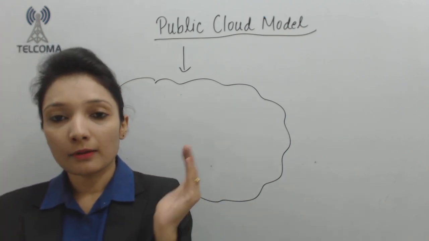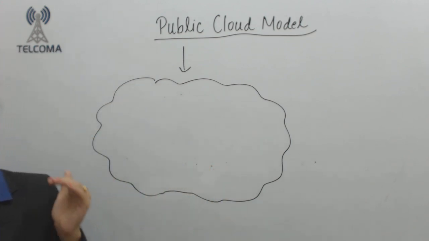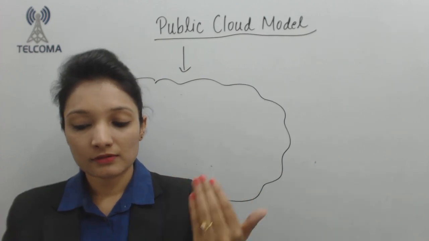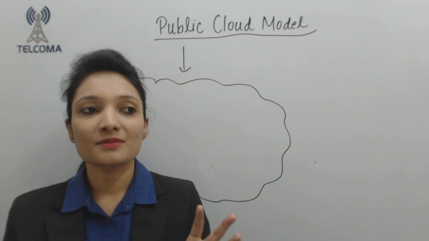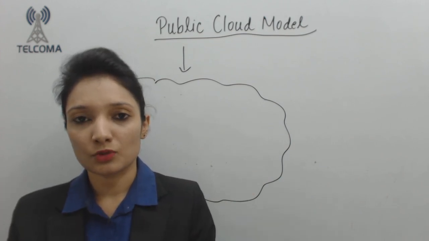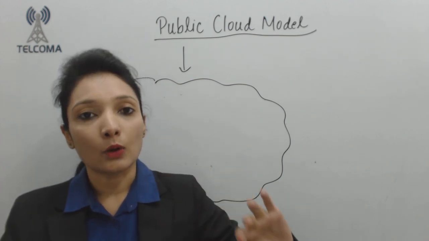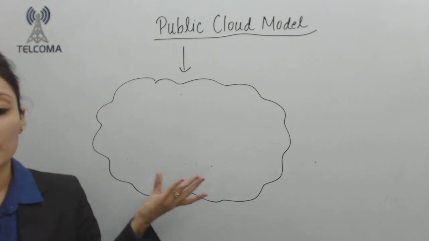This public cloud can be managed, maintained or operated by a business administrator or by a business academic or some other organization, and sometimes it is managed by a combination of these various firms. This cloud basically resides at the premises of the cloud vendor. So this is just a representation of the public cloud model.